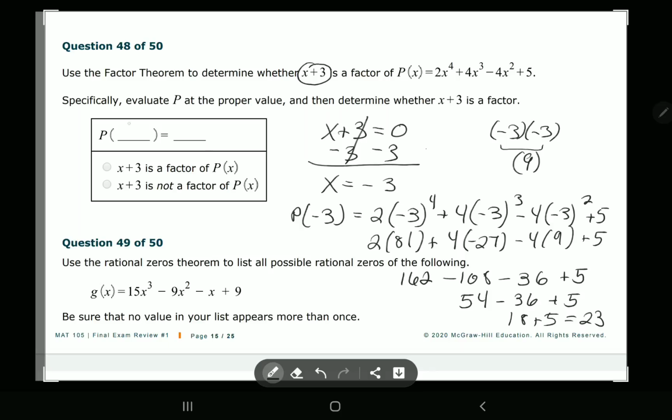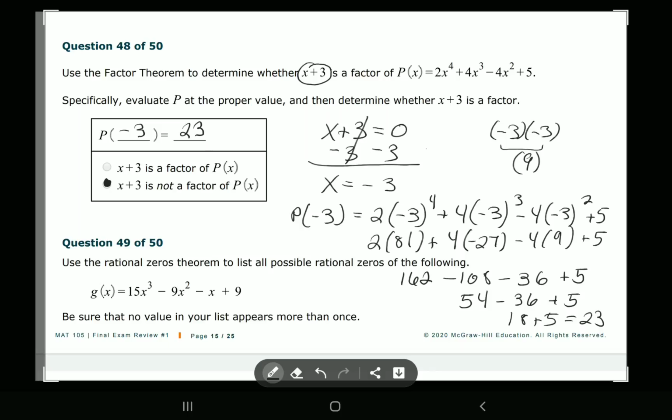So p of negative 3 equals 23. And because it does not equal 0, x plus 3 is not a factor of p of x. Remember, according to the factor theorem, the 0 of my divisor, when I plug that into my dividend, into my function, the output must be 0.